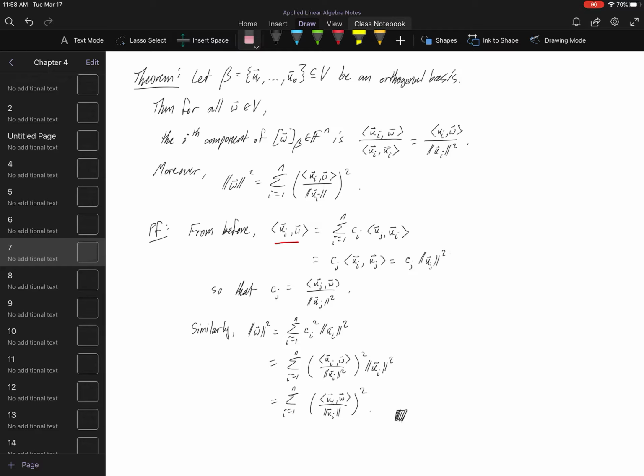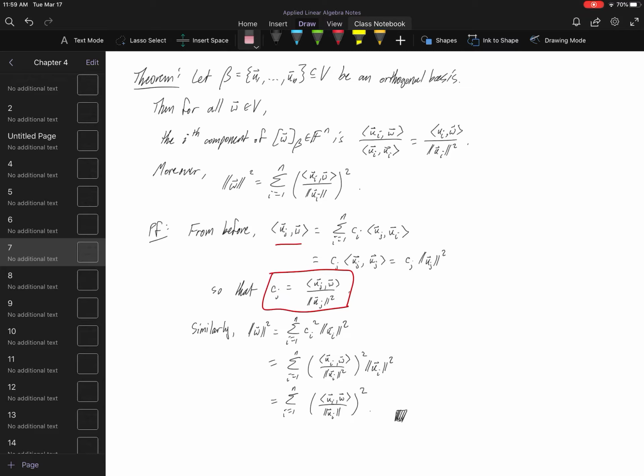And that's exactly what we hope to do in this computation: we see that the weight CJ can be solved for by taking the inner product and dividing it by the square length of the basis vector UJ. And that's exactly this formula down here for the weight, and that's what we have right up here.